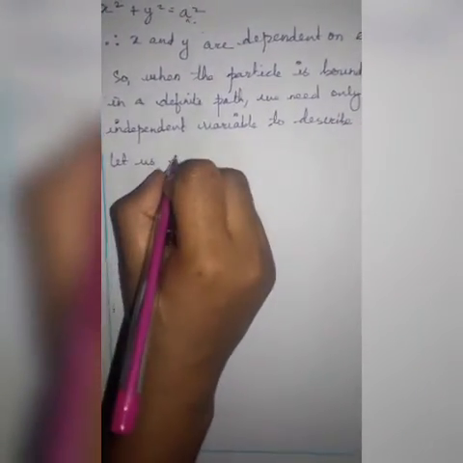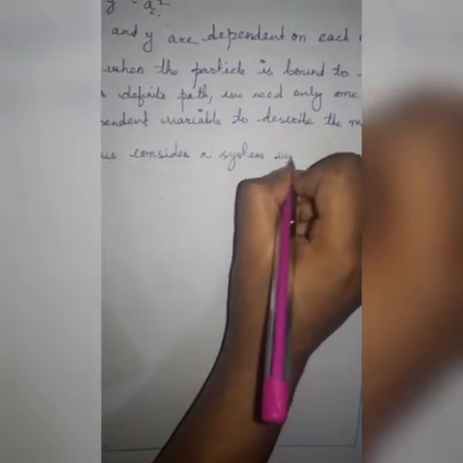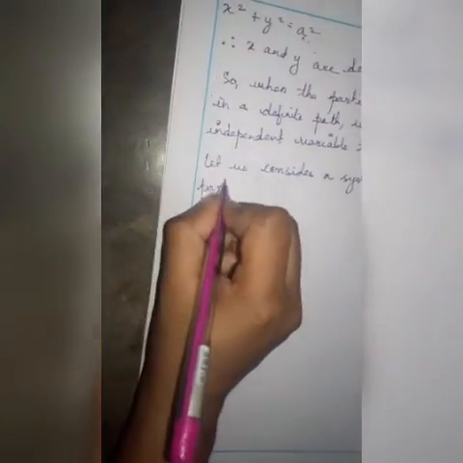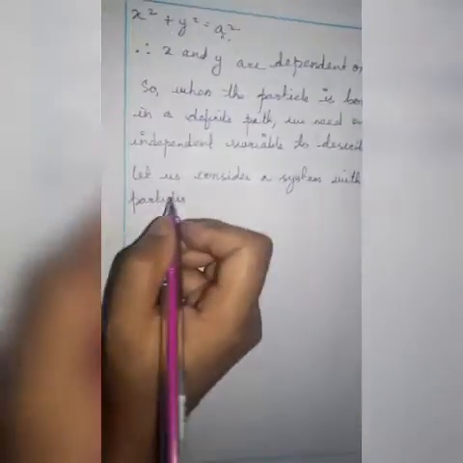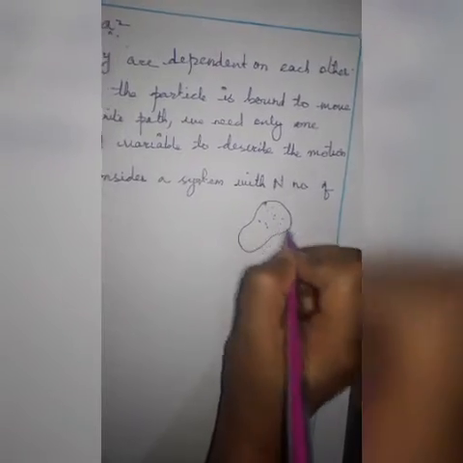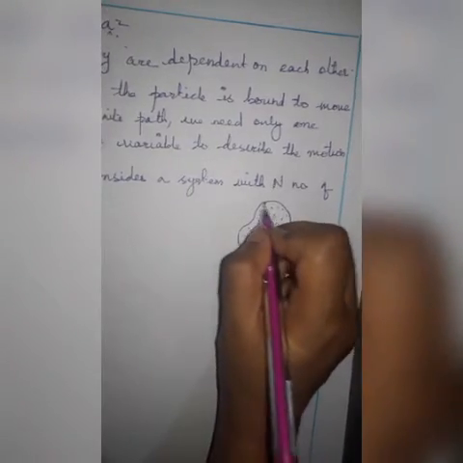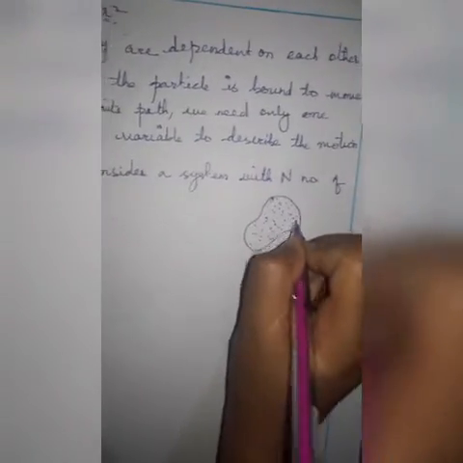For that, let us consider a system with n number of particles. Let the system be like this, with n number of particles represented here with the dots.